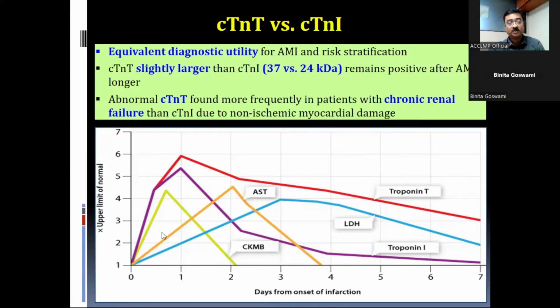Myoglobins are not present in this graph, but they are the fastest to appear. They start appearing within 1 hour. So if there are definite signs and symptoms of myocardial injury, when the patient is clinically showing MI, and the myoglobin is raised, then definitely you can go for a diagnosis of MI.